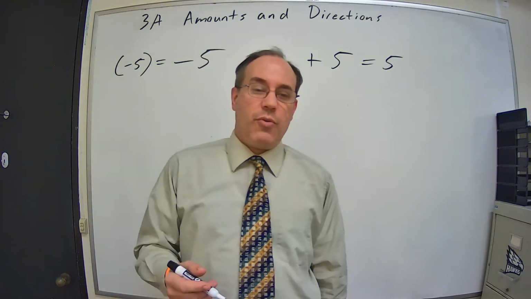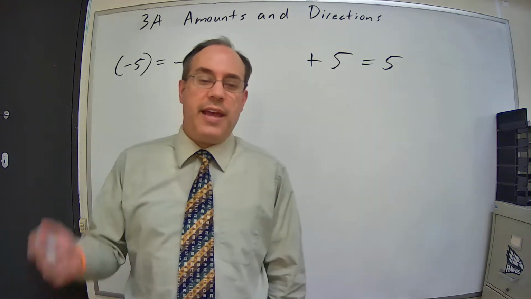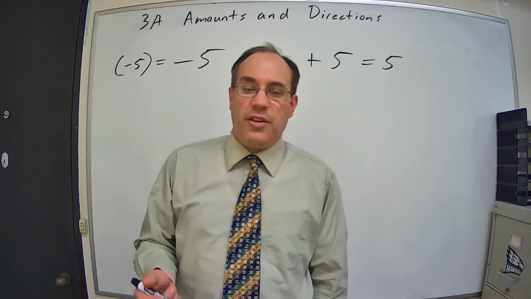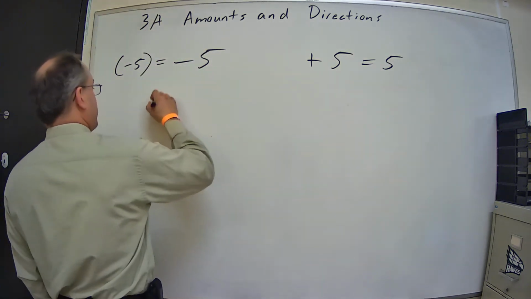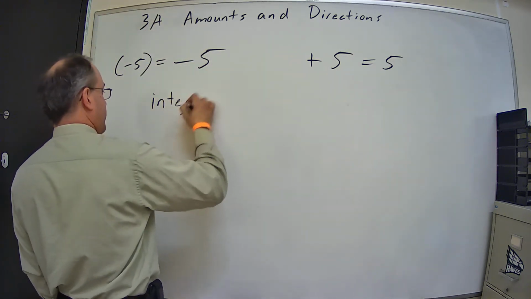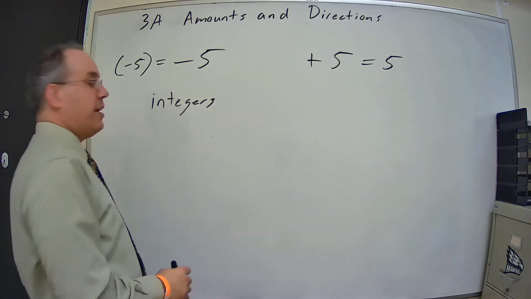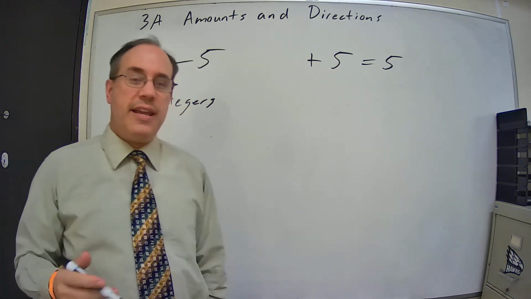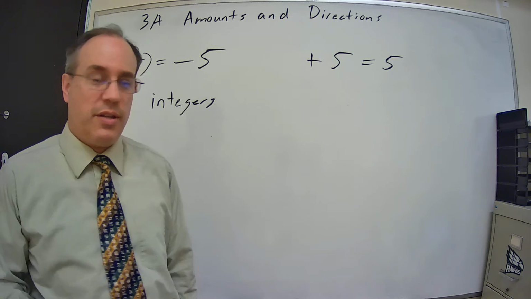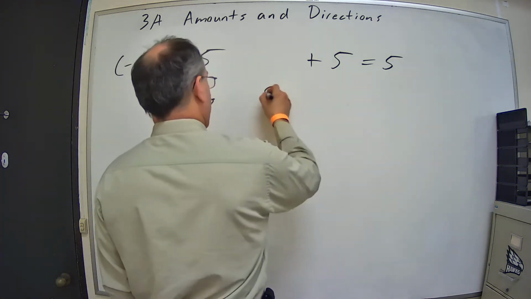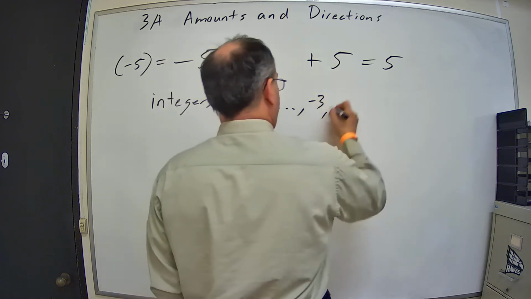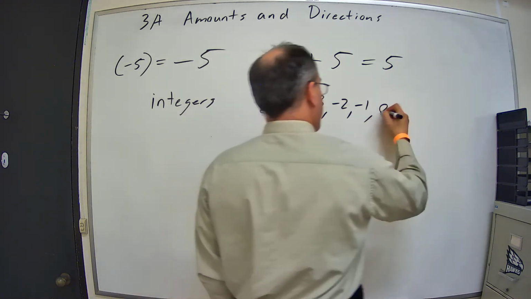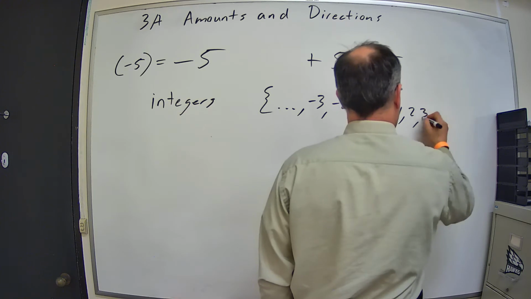Now, when you're dealing with positive and negative numbers, you're now dealing with integers. Integers are positive and negative whole numbers. So essentially, -3, -2, -1, 0, 1, 2, 3.